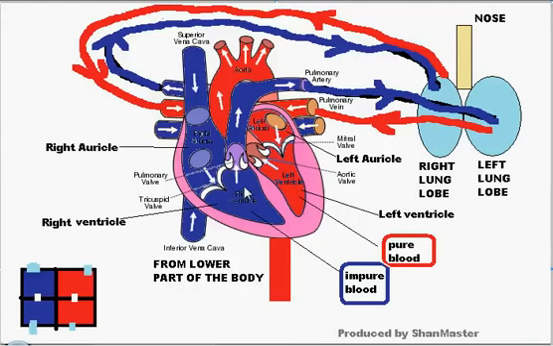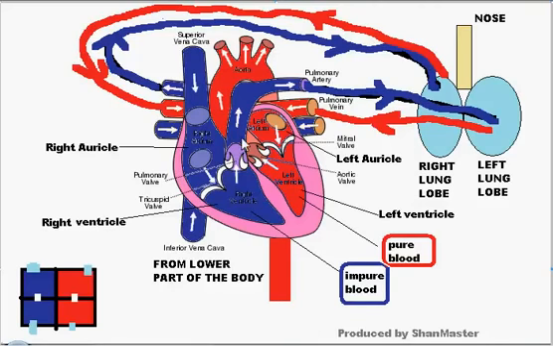When the ventricles together pump, from the left ventricle you can see through the aortic valve, it goes into the aorta. From the right it goes into the pulmonary artery.